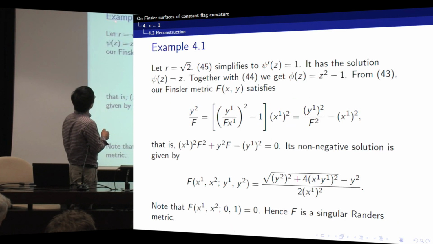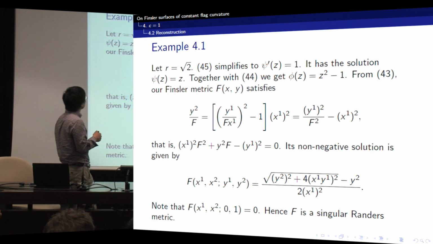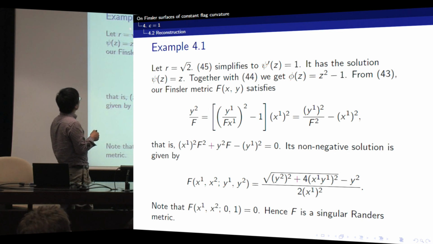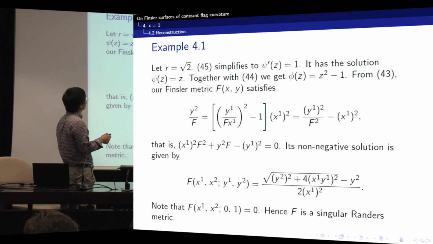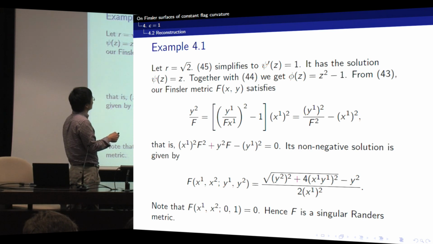Okay, now we can give some examples. Reconstruction is a very special case. Suppose S equal to 0, R equal to square root 2. Equation (45) simplifies to psi prime z equal to 1. It has a solution psi z equal to z.